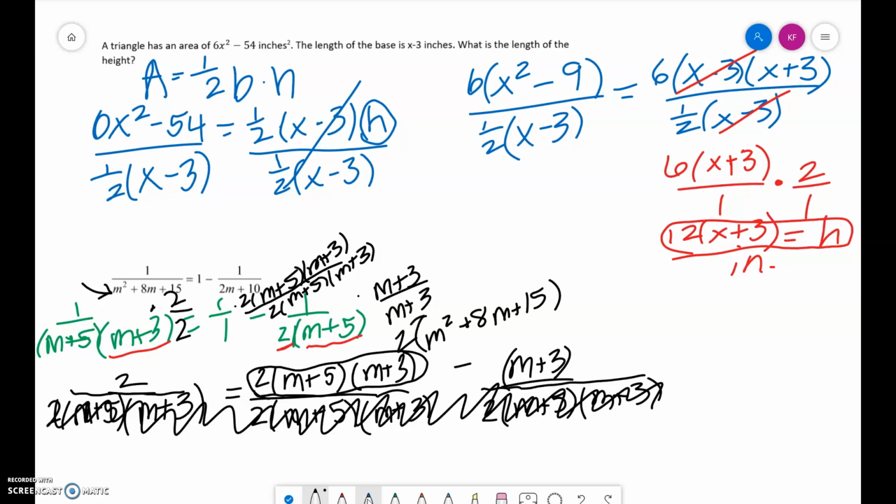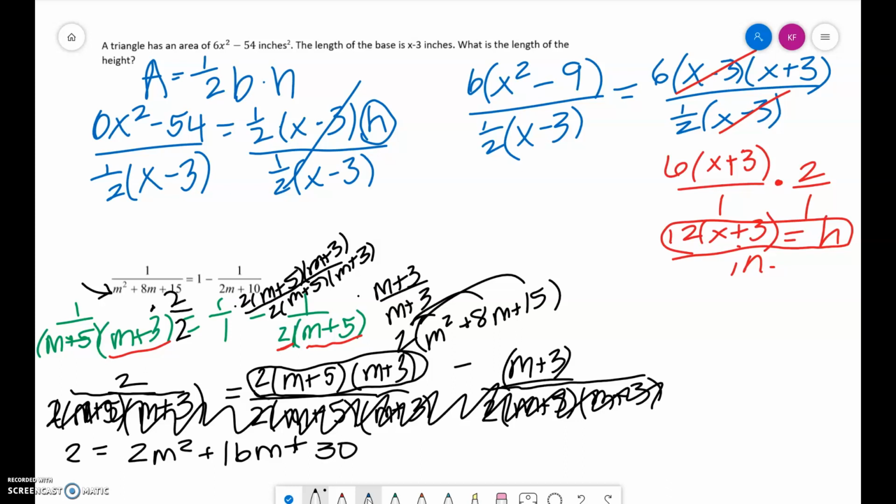So we want to distribute that 2 to all 3 terms. This 2 is just going to be over on the left-hand side of the equation. And on the right-hand side of the equation, we're going to have more terms. So we're going to have 2m squared plus 16m. This is from me distributing the 2 to the trinomial, plus 30.